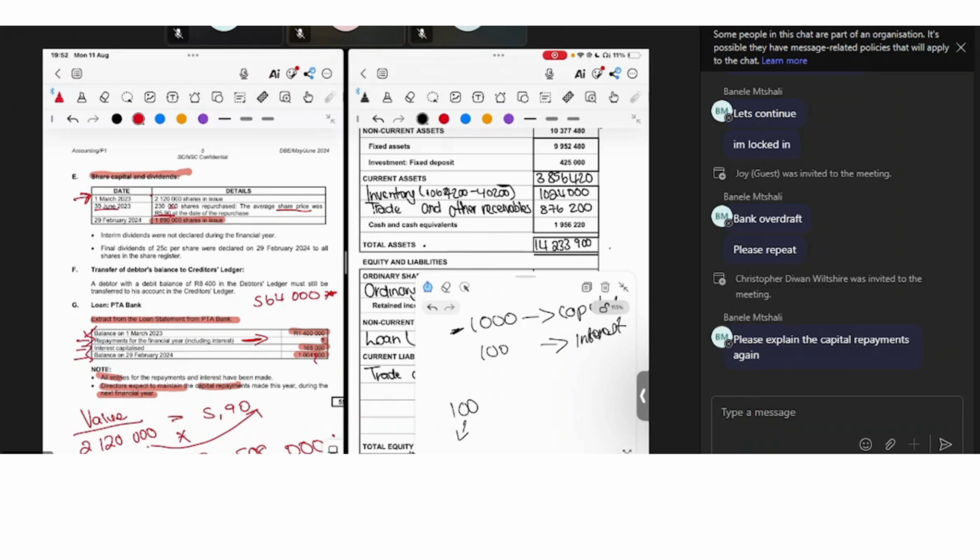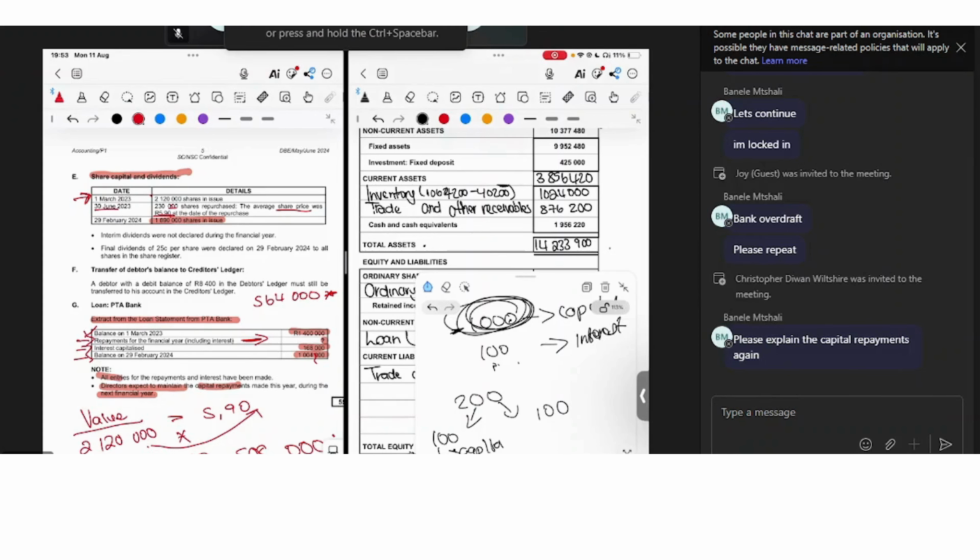Wait, I'm confusing myself. Interest is 100 Rand per year. Let's say you're paying 200 per year. So of that 200, interest is 100 per year, so 100 Rand will be going towards interest. That's the interest payment. The other 100 is the capital repayment, meaning it's going towards that original 1,000 that you owe, not the 1,000 plus the 100 per year.